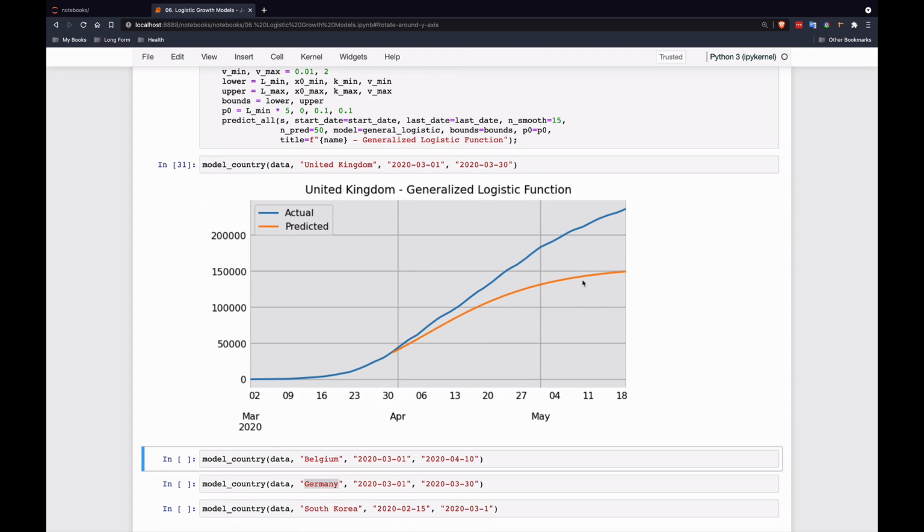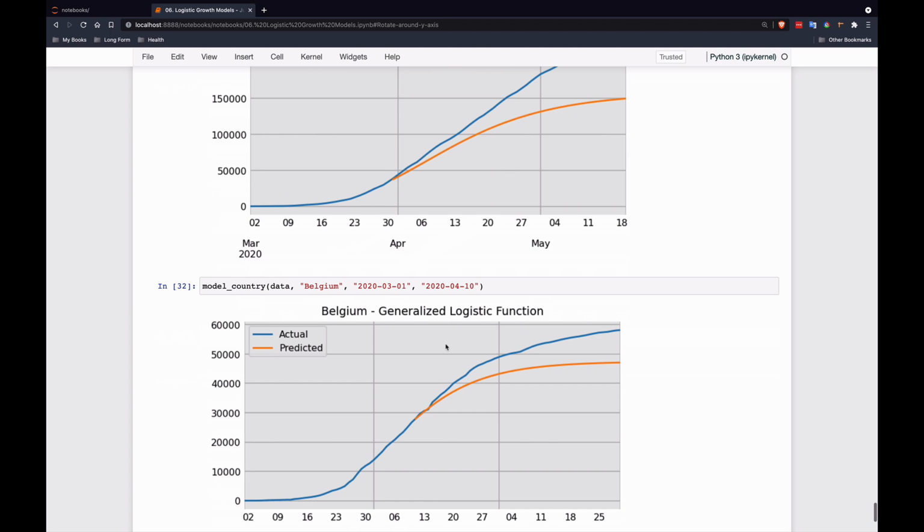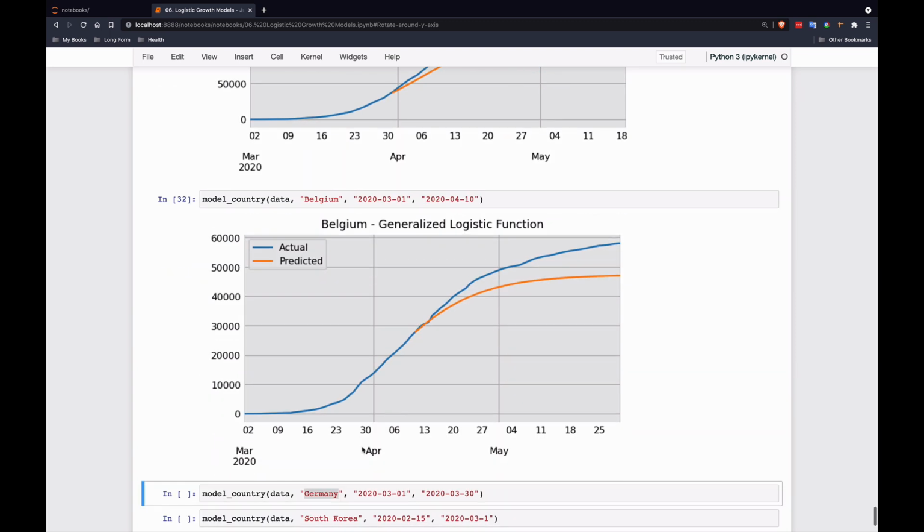So you can see it follows the curve, but again, it's very difficult to predict. If you can predict 45 days out, that's a tremendous model. So almost nobody is going to be able to build a model with this little knowledge and get it exactly right. Here is Belgium, a little bit higher on their curve, and it falls a little flat.